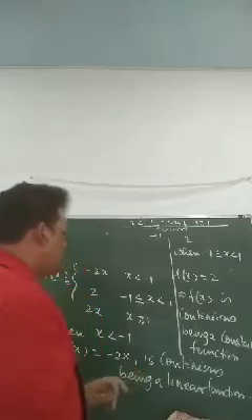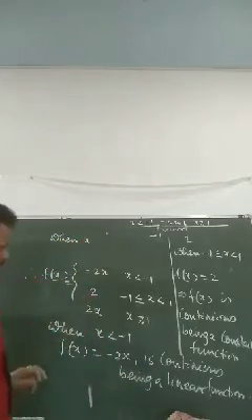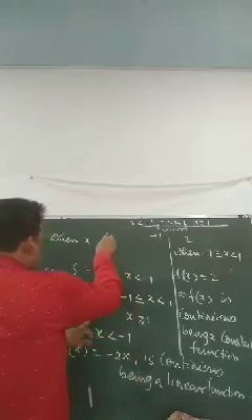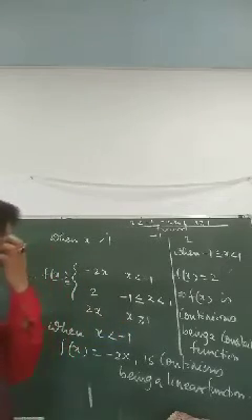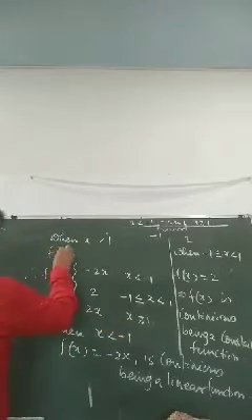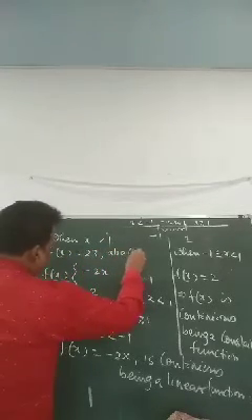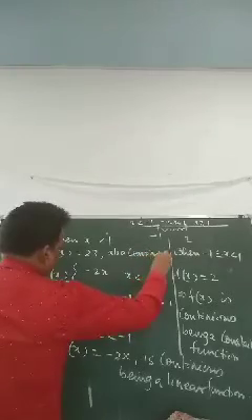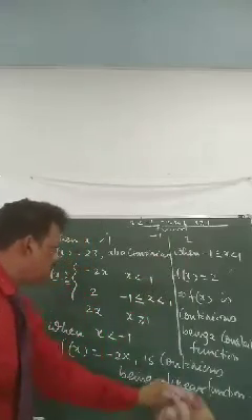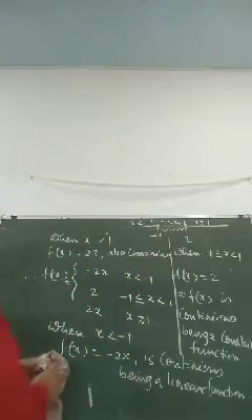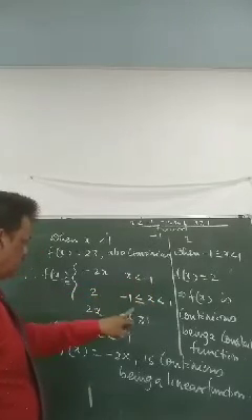Okay. Now when x is greater than or equal to 1, or greater than 1, because equality will be taken for the point, then f(x) equals 2x, also continuous. Why continuous? The same reason, linear function. Now, what are the points we have? The points we will have are at x equals minus 1 and x equals 1.